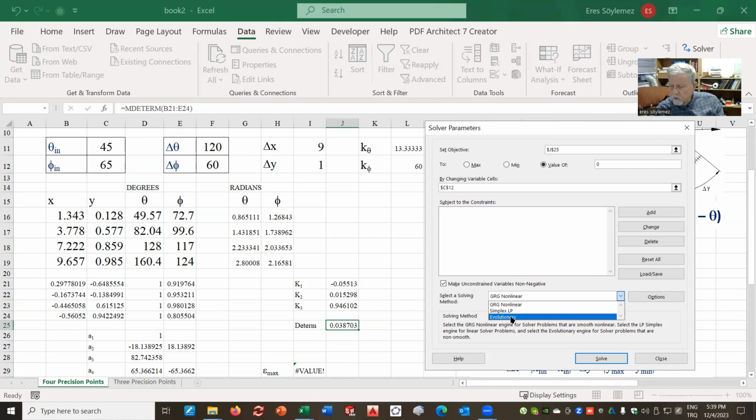I prefer, if possible, GRG nonlinear because it's faster. If GRG nonlinear diverges or something happens, then I would try evolutionary. Now I'm going to use GRG nonlinear.